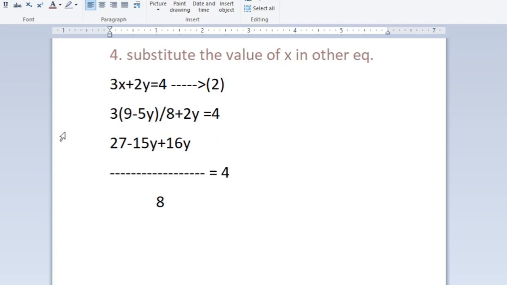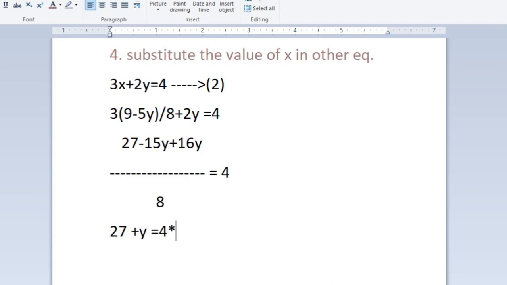Then come to the next step. Here 27 we can take as it is. Then these both are like terms. If you add minus 15y plus 16y, it becomes plus y is equal to 4.